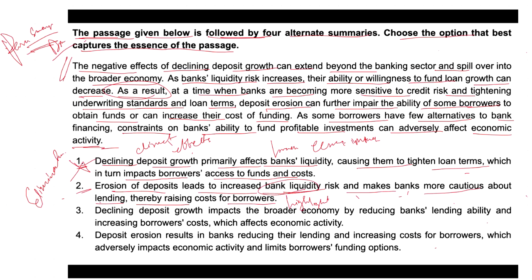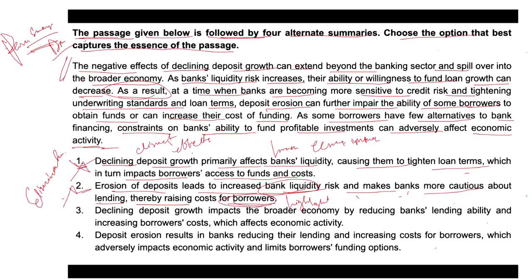Borrowing cost, but misses the broader implication for the economy, right or not? So, in that case, you can say the implication for the economy is also needed, right? The broader implication for the economy, which is also needed. So, which is missing in option two. So, in that case, you can say option two also cannot be called a complete summary.